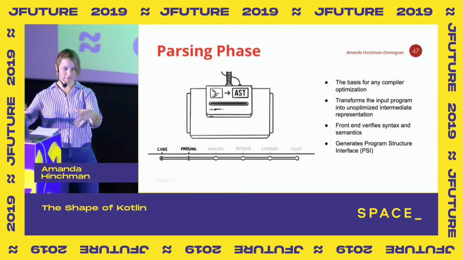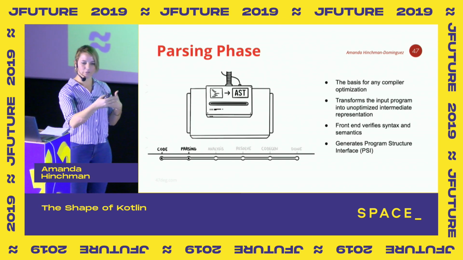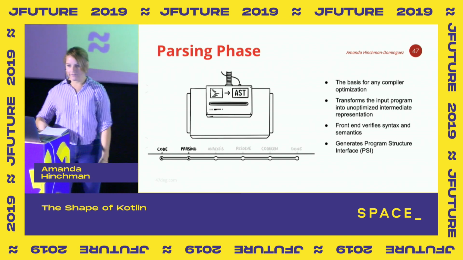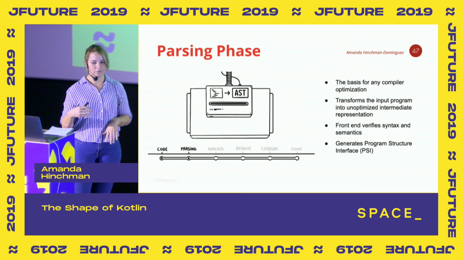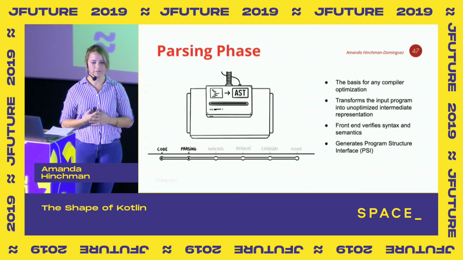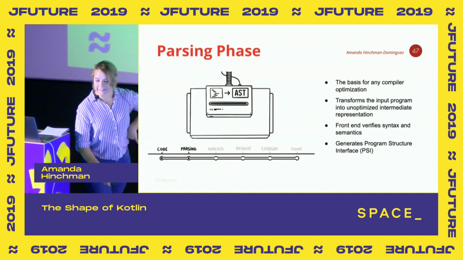When you have a user writing a Kotlin document and you start feeding it through the compiler, this is the first phase. It's the basis for any compiler optimization. It transforms the input programs in, oh, that's incorrect. I apologize for that.